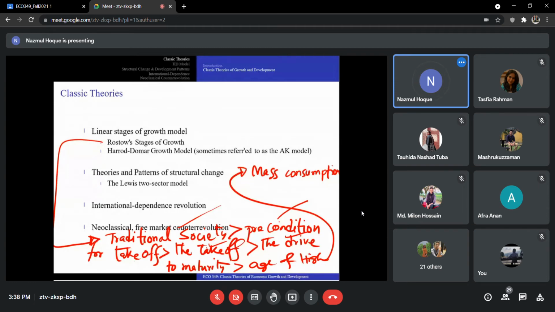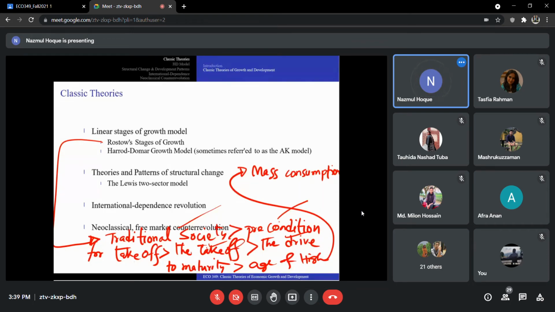Okay, so these are the stages that an economy will go through, these 5 stages, when it comes to be known as a developed economy or wealthy nation.